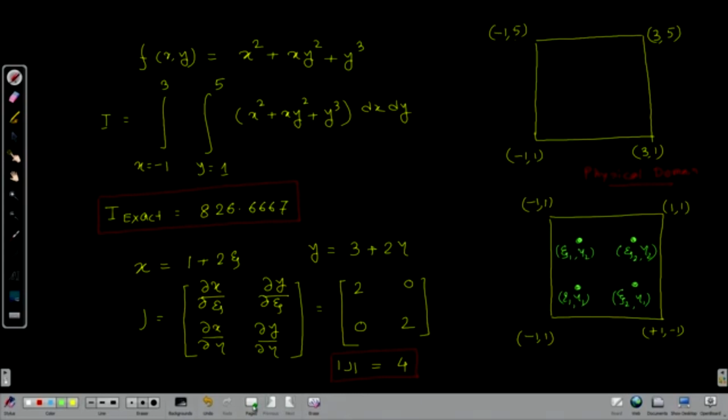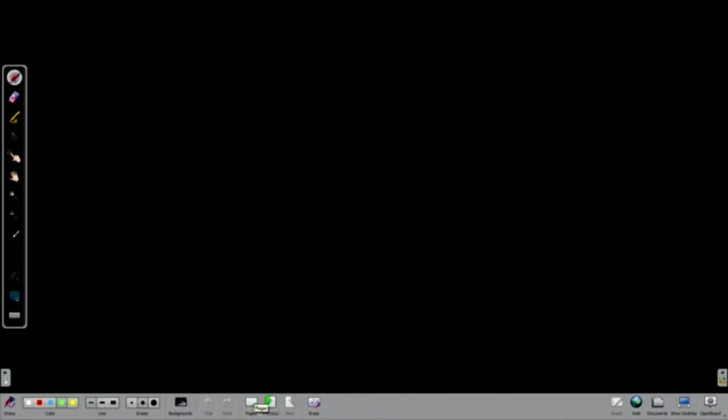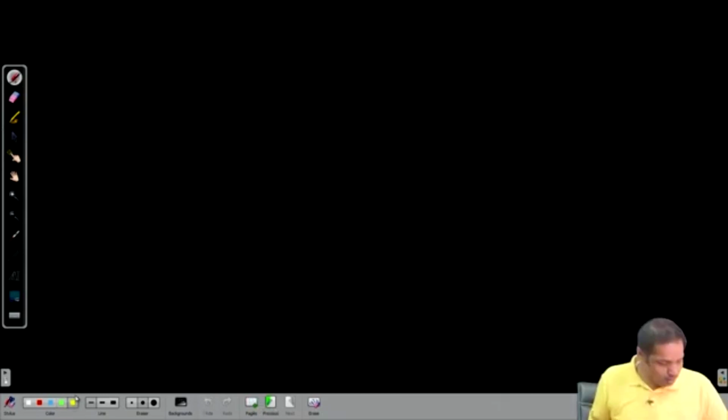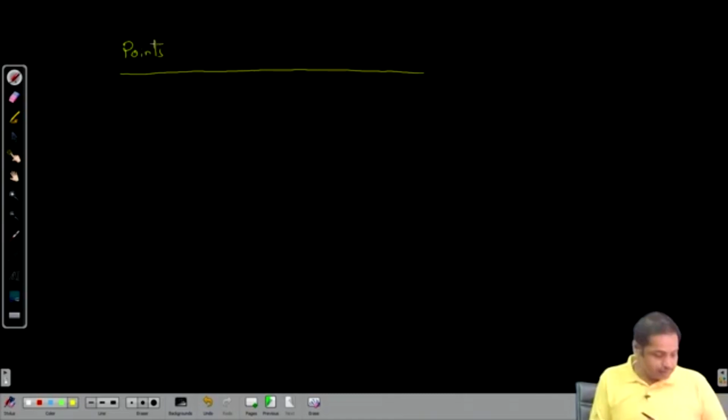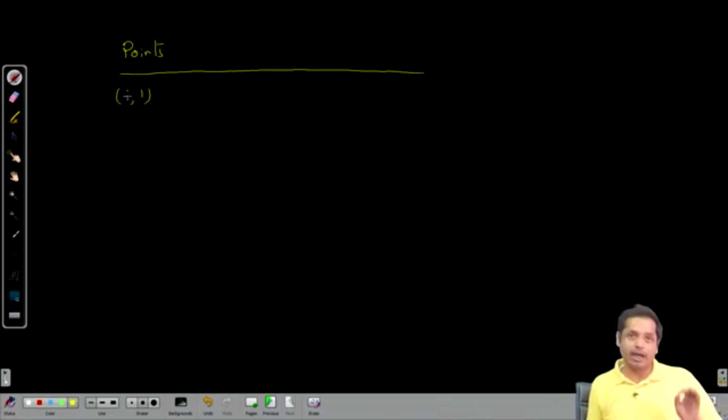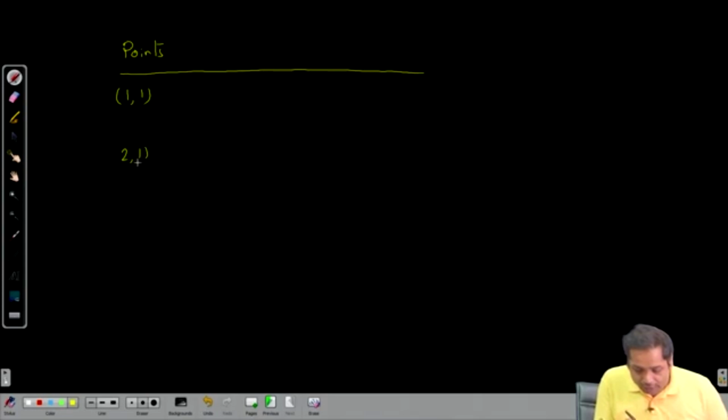So next we write the table. First is Gauss points. First point is 1, 1. First point means xi1 and eta 1. Second point is xi2 and eta 1.